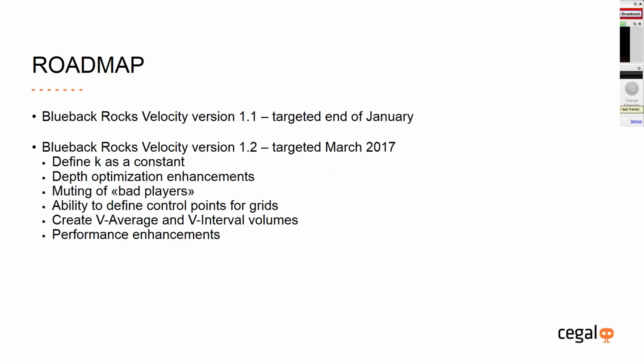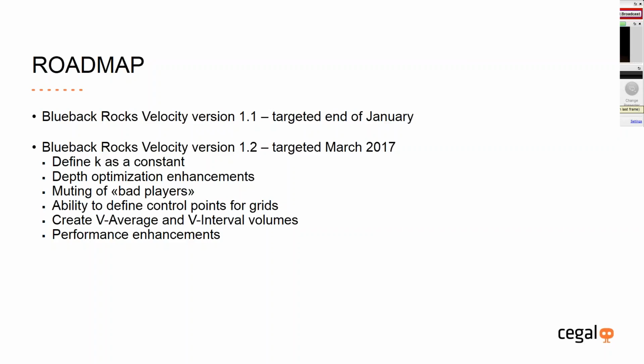We have already version 1.1, which is entering final regression testing, and we're targeting this for end of January, with a few little enhancements and stabilization. Then we have already some plans for a 1.2 version, which we are targeting for around March this year. And these are a few points that I have listed, like defining K as a constant value.